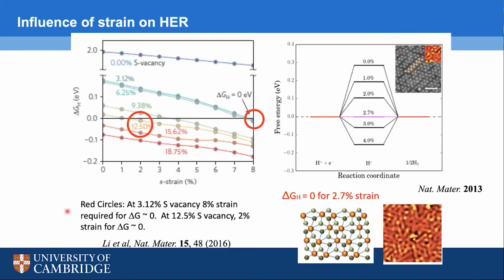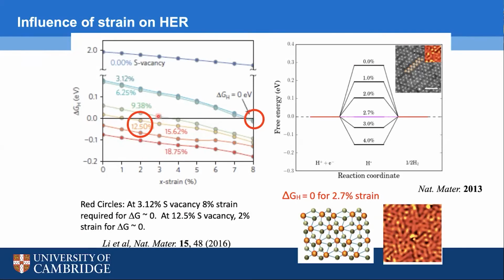And so there's been a lot of work done by our group and also the group from Stanford on studying the thermodynamics of the HER on MoS2 and other TMDs with strain. One can see that when you have a certain amount of strain and a certain amount of vacancies present in MoS2, one can achieve thermoneutral conditions for the HER reaction.